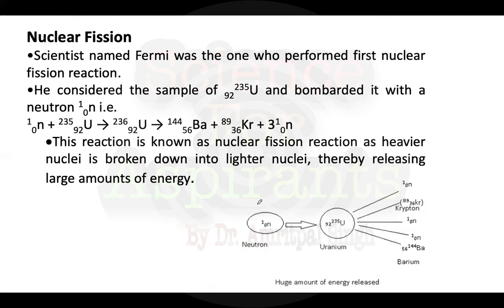Nuclear fission was first performed by Fermi. He considered a sample of uranium 235 and bombarded it with a neutron, and he saw the formation of a compound nucleus, which breaks down into barium and krypton, and along with that three neutrons are released.